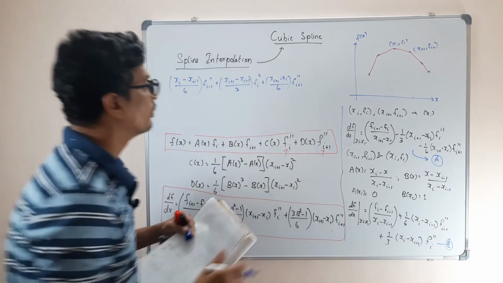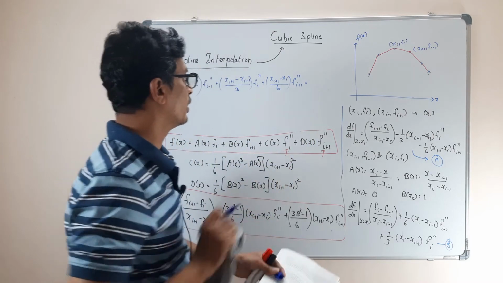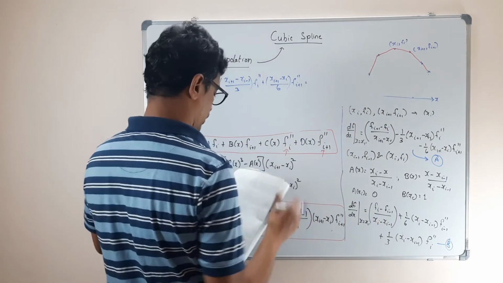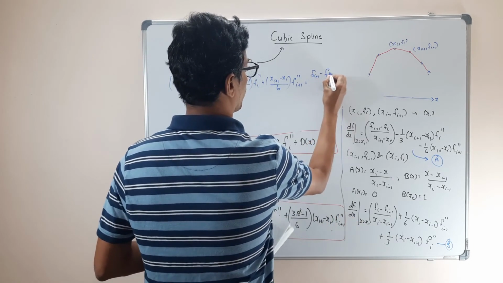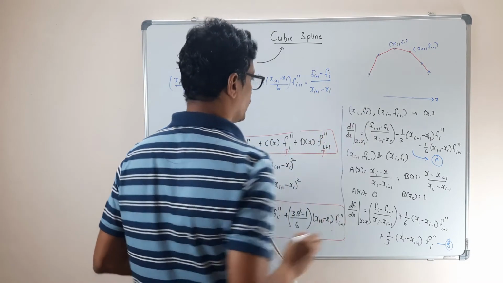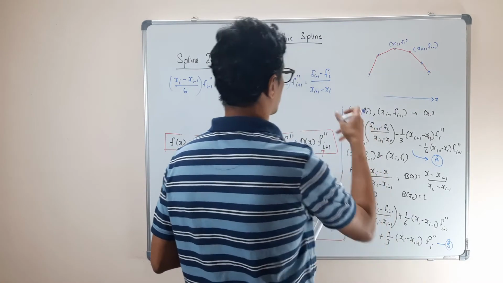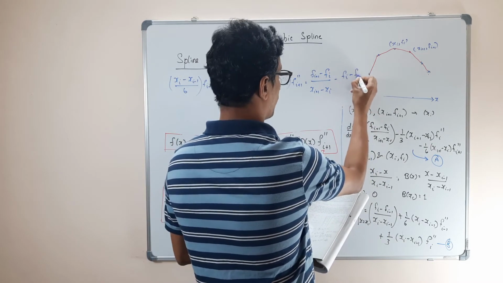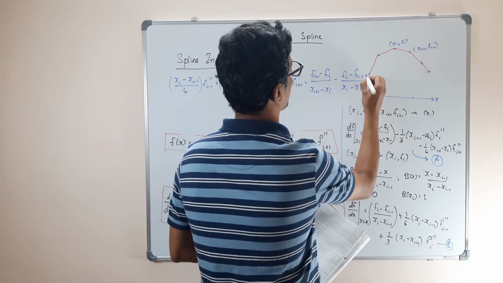So this will be equal to (fi plus 1 minus fi) divided by (xi plus 1 minus xi), correct? Those things come from here, and then minus (fi minus fi minus 1) divided by (xi minus xi minus 1).